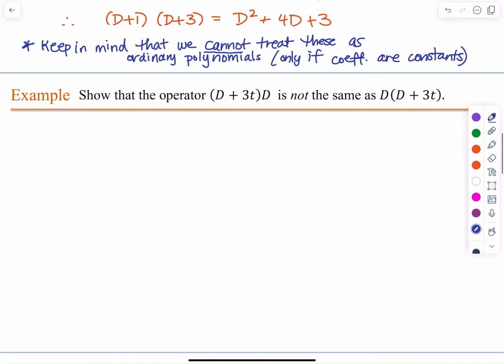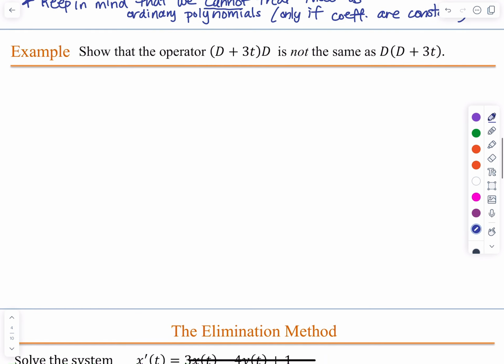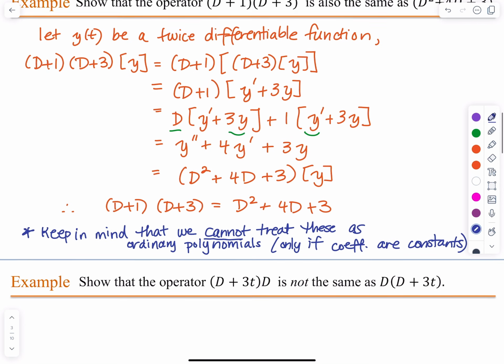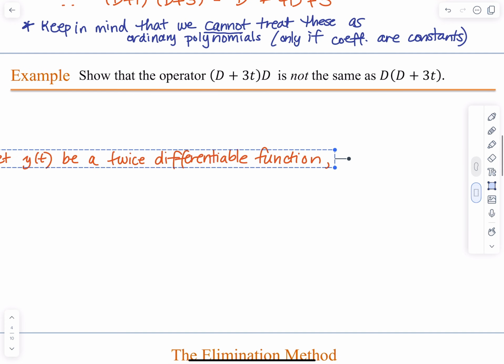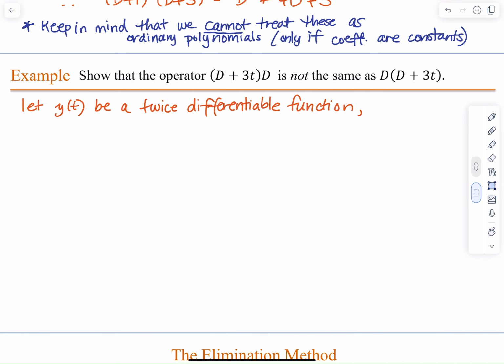Let's take a look at what happens in this next example. So of course, we are going to let y of t be a twice differentiable function. And let's go ahead and show that the operator D plus 3t times D is not the same as D times D plus 3t, that these operators are not the same.